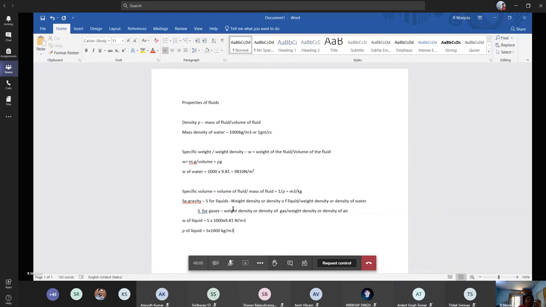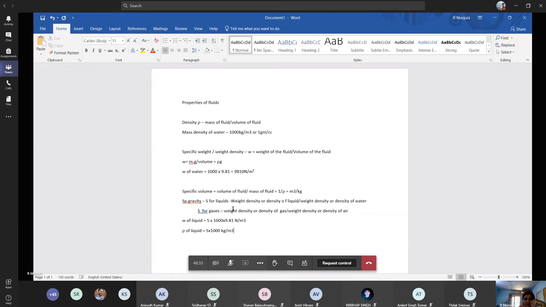So here, the density of a fluid is mass of fluid divided by volume of fluid. So density of water is 1000 kg per meter cube or 1 gram per cc. And specific weight or weight density, usually W, is expressed as weight of fluid divided by volume of fluid. And hence I can write W is equal to mg divided by volume, or W is equal to rho g.